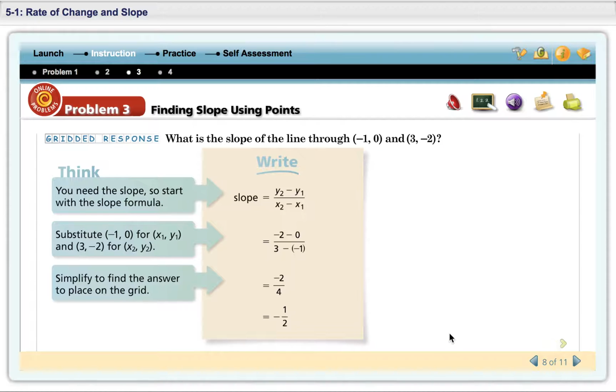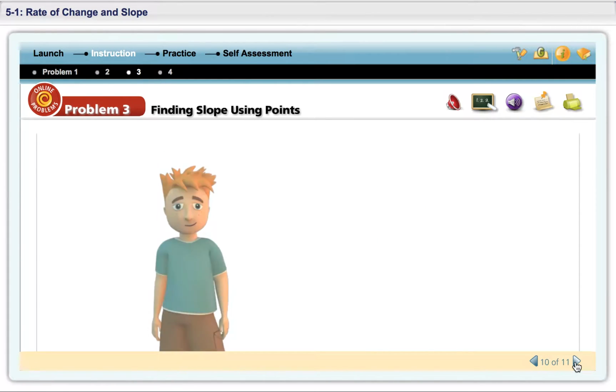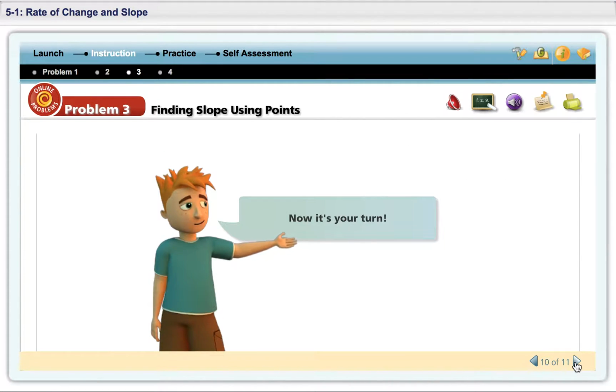That'll become clear when we start graphing some of these. I just want to make sure you understand that. That might be the confusing thing where you wonder how come the negative moved from here to here. Okay. Now grid your response. We don't need to grid this response.